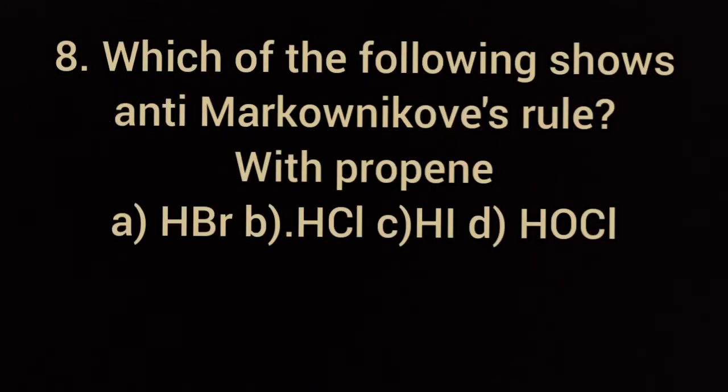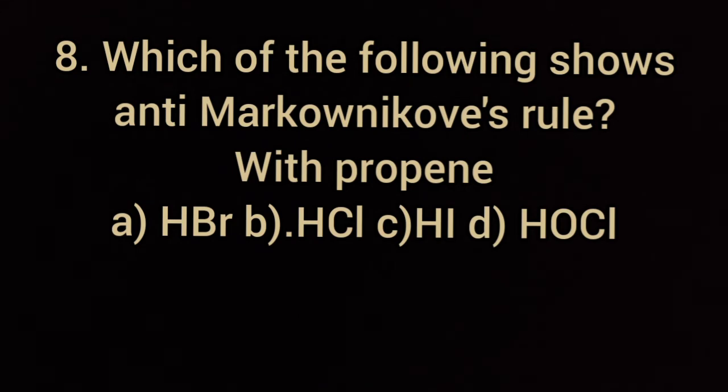Which of the following shows anti-Markovnikov rule with propene? HBr, HCl, HI, HOCl. Obviously anti-Markovnikov rule takes place in presence of benzoyl peroxide. Only HBr can show anti-Markovnikov rule. The rest 3 options are not correct. HBr gives free radicals in presence of benzoyl peroxide.